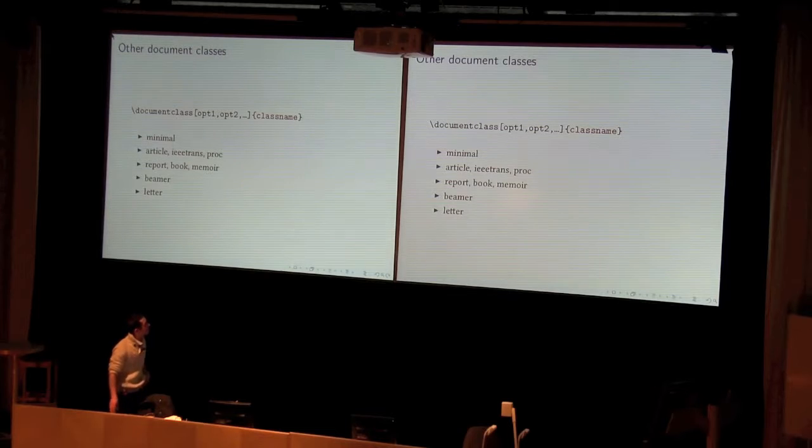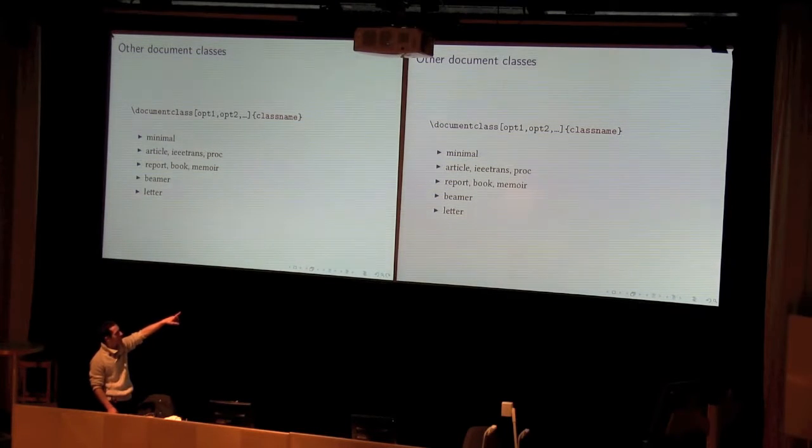So we have plenty of other document classes, so you can replace the class name with whatever you want. Minimal is meant for testing. You will see it in exercises that I will put on the web. Then you have article, IEEE trans and proc, which are mostly the same.